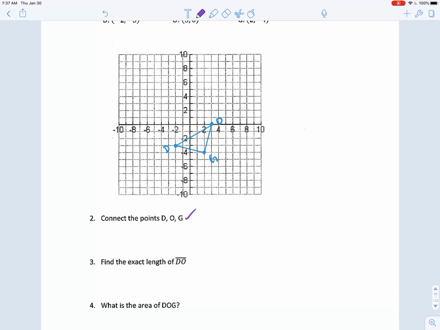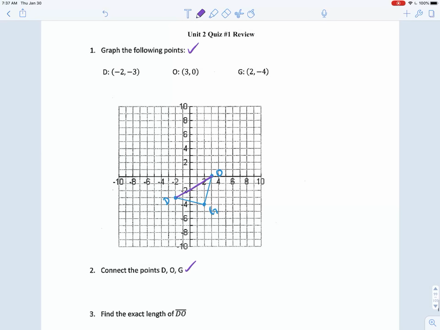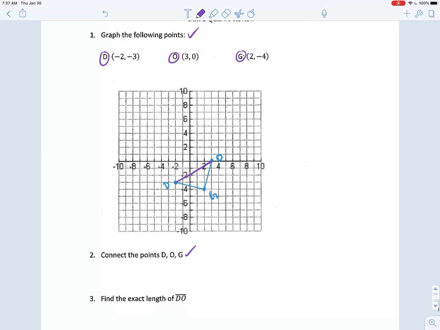Now it says to find the exact length of DO, and that is this line right here. Okay? When you graph, it is very important that you label with the letters given to you, so that way you find the correct side length. So this is a direct application of the lesson where we had to create squares, find the area of the squares, and then take the square roots in order to find the side length, and that's exactly what we're doing here, okay?